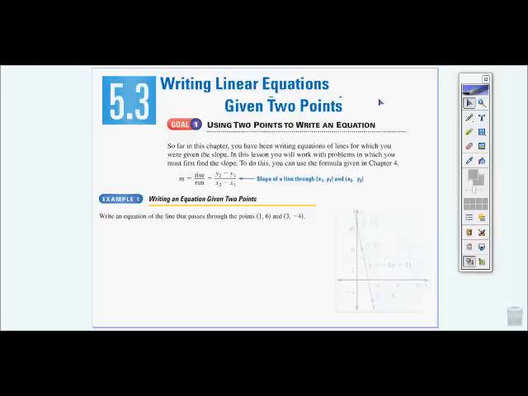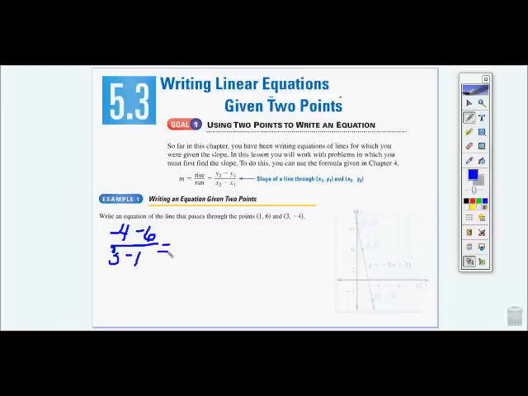So the first thing we're going to do in example 1 is to find the slope of that line. So I'm going to go ahead and find the difference between the y's and the difference between the x's. I'm going to do -4 minus 6, and that's going to be over 3 minus 1.